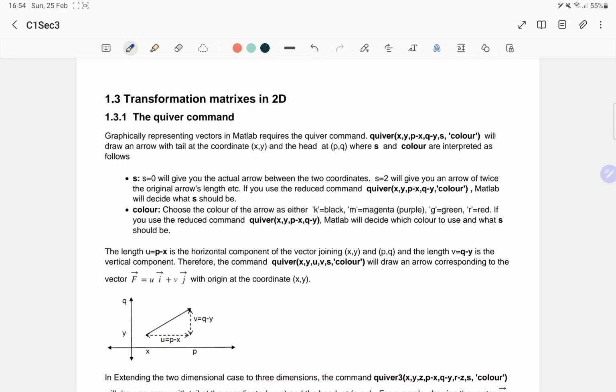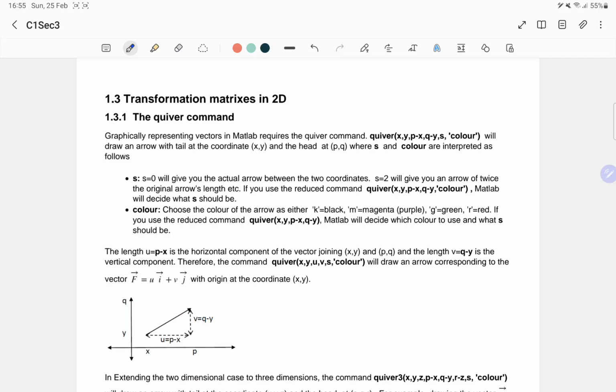Transformation matrices in 2D. We are going to start with the concept of the quiver command. In maths and science, understanding vector fields is very important for analyzing various phenomena such as fluid flow, electromagnetism, and other concepts.